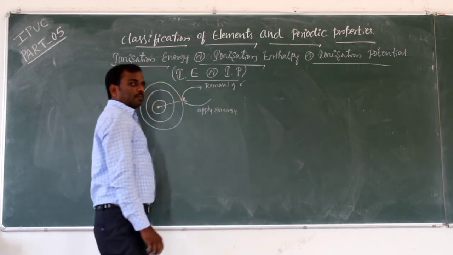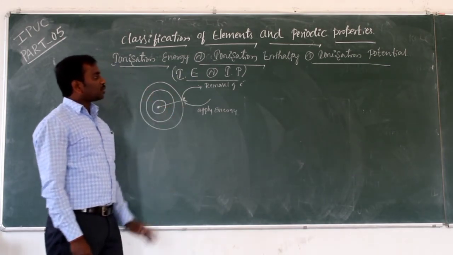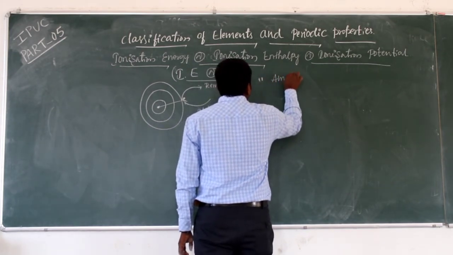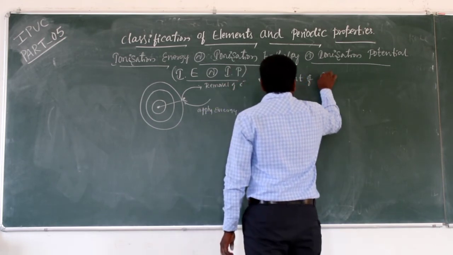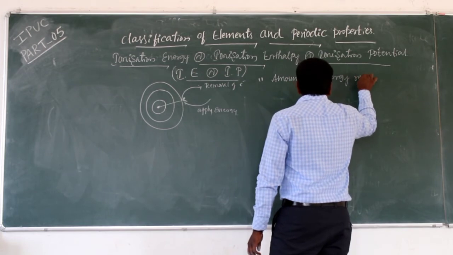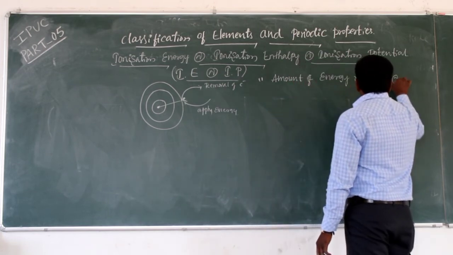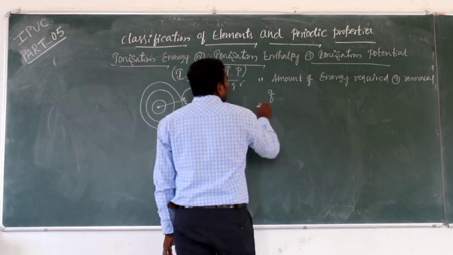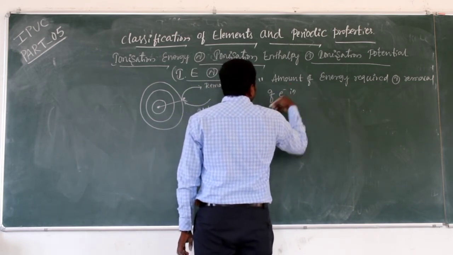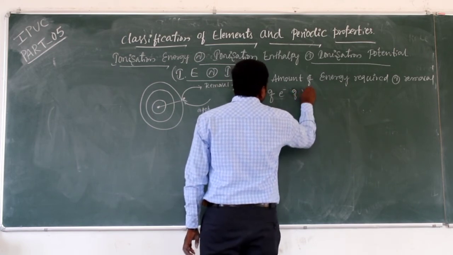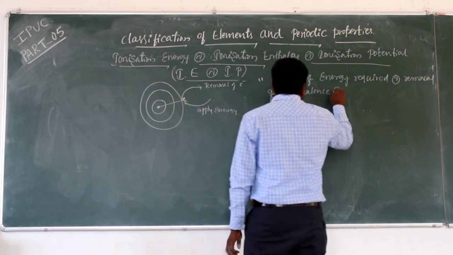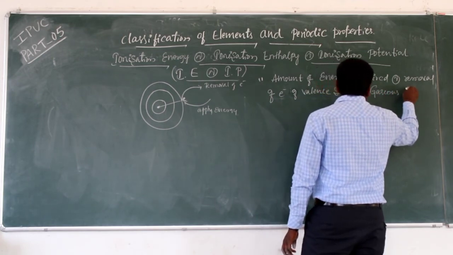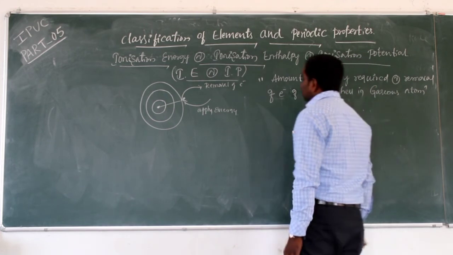Okay, so ionization energy or enthalpy is defined as the amount of energy required for the removal of an electron of the valence shell in a gaseous atom. In a gaseous atom.